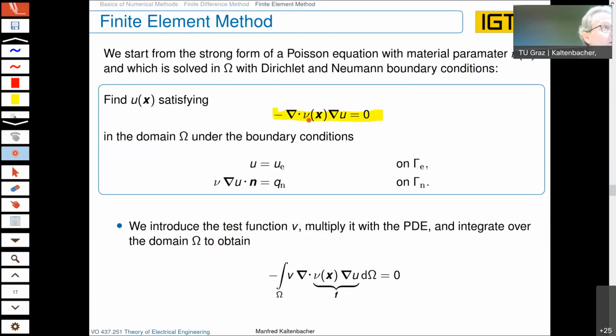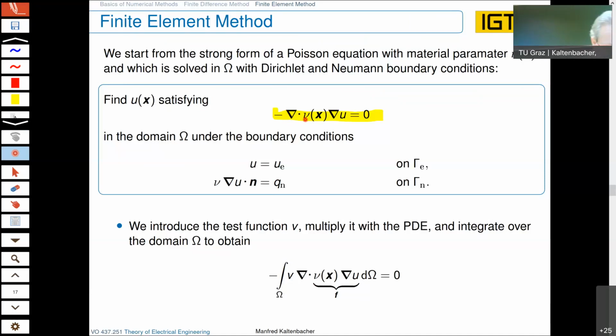But important is that in most cases these material parameters depend on space. Perhaps they are constant in subdomain 1 and constant in subdomain 2, but at the interface they immediately jump. As we know, we have an electrical conductivity in iron or copper. In air, it is 0. So you even could have a jump to 0.